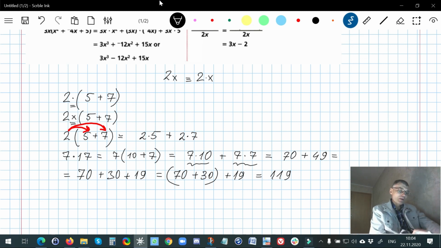All right, let us multiply 7 by 217. In this case, it's longer.